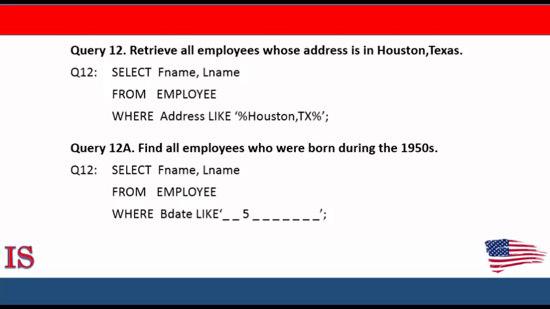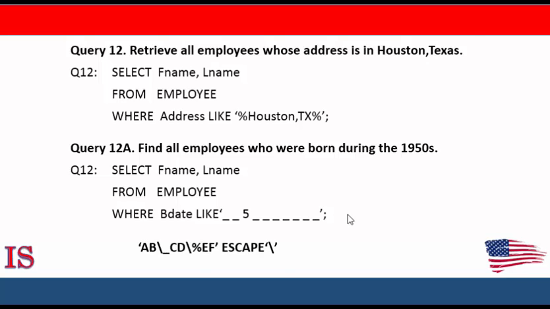Now, if the underscore or the percent is needed as a literal character in the string, the character should be preceded by an escape character, which is specified after the string using the keyword escape.